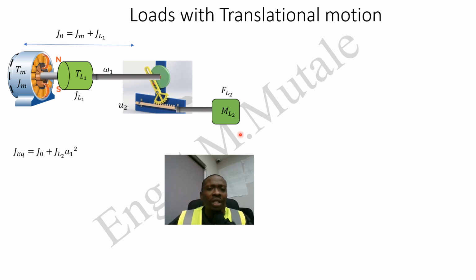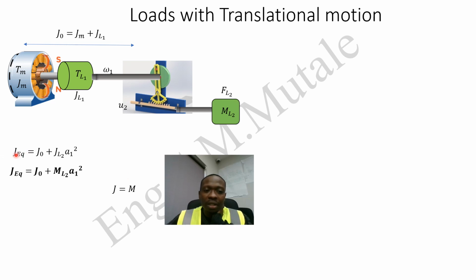So we know that for loads with rotational motion, the equivalent moment of inertia is basically the initial plus that for the load and the gear ratio. When it converts to translational motion, we know that J in rotational motion becomes the mass in translational motion, and the torque in rotational motion becomes the force.